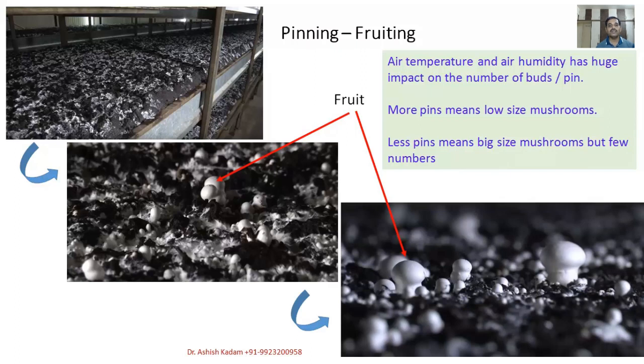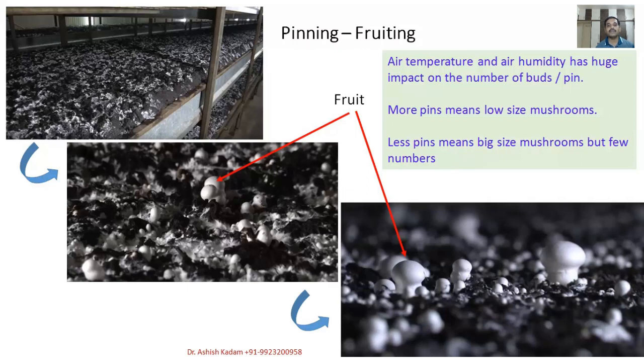So if you want to produce the right quality of mushrooms, we should have a greater number of pins. If you have fewer pins, you are providing more surface area, more space for each pin, and because of that these pins will grow to a very big size.